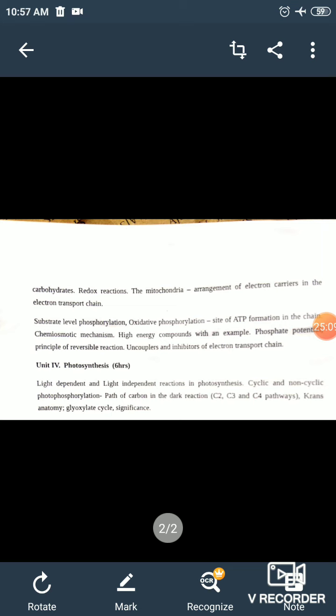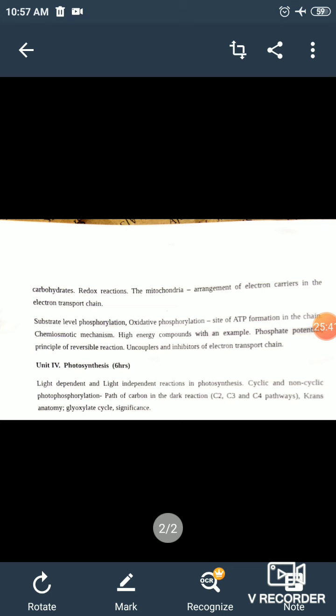So the producers fix carbon dioxide through dark reactions, otherwise called the Calvin cycle. By the Calvin cycle, carbon dioxide is fixed and we get carbohydrate, basically glucose, the important source of energy. We have to see the steps and enzymes involved.